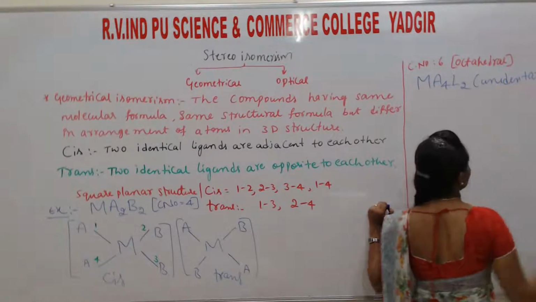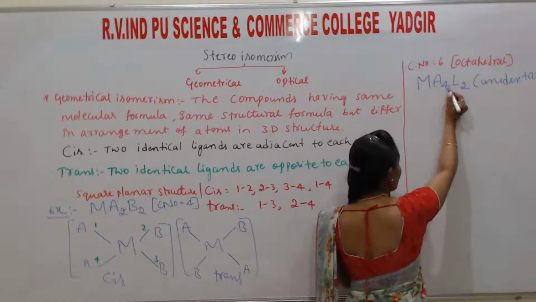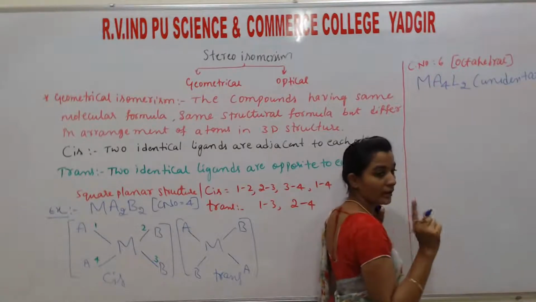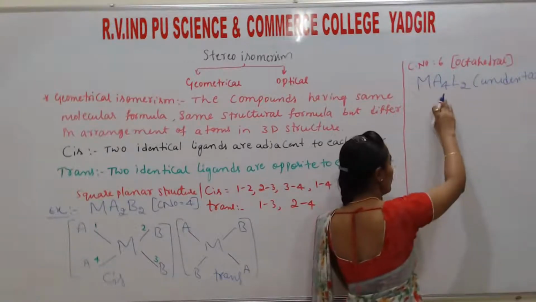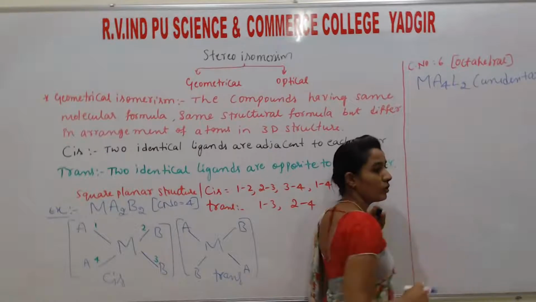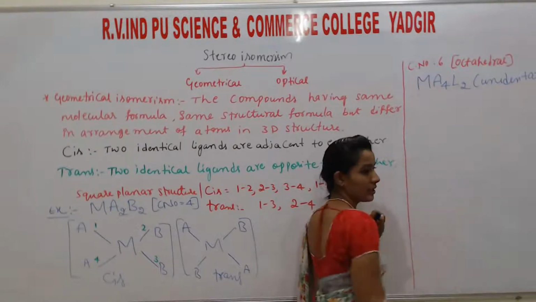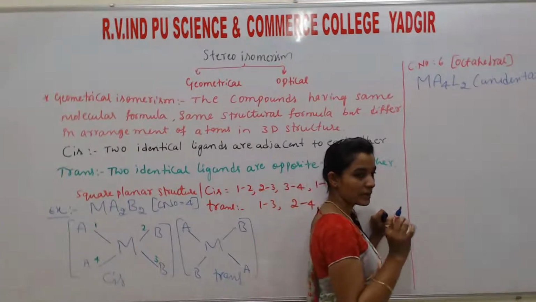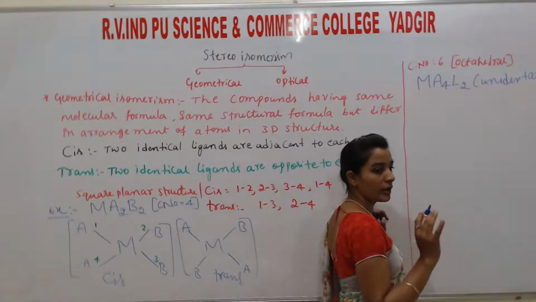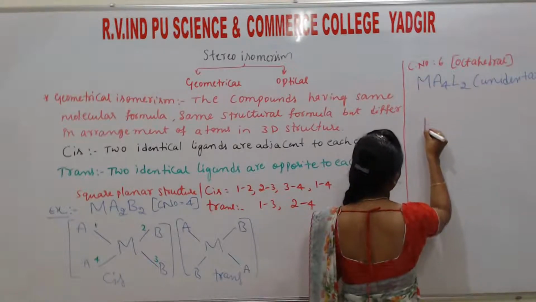Unidentate means only one bond. They form only one bond. Here A forms only one bond, so 4. L forms only one bond, so 2. 4 plus 2 means 6. That is coordination number 6. All are unidentate ligands. They have the capacity to form only one coordinate bond. Okay. So here if you write this, M is there.